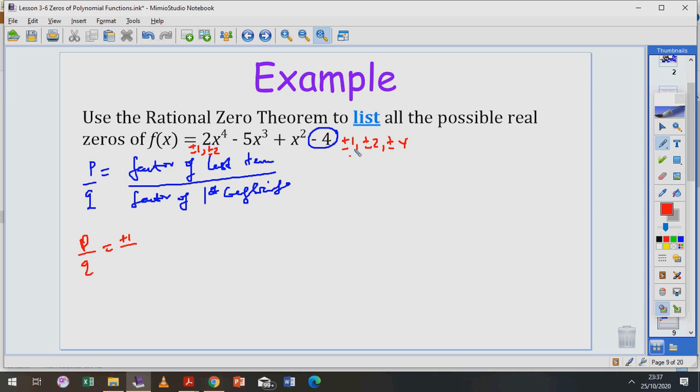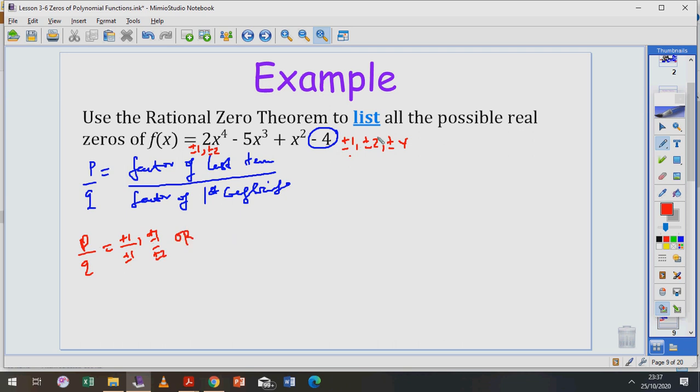So my real zero could be plus or minus 1 over plus or minus 1, or it could be this same one divided by plus or minus 2. So plus or minus 1 divided by plus or minus 2. That's one possibility.